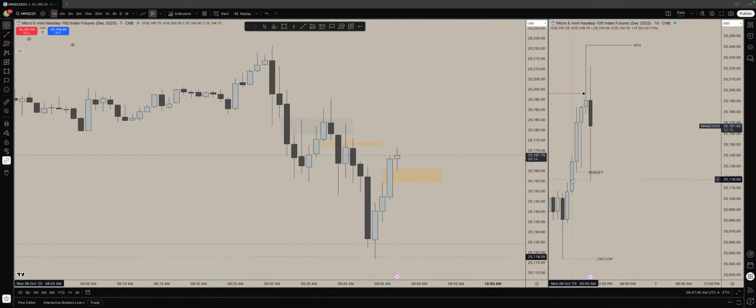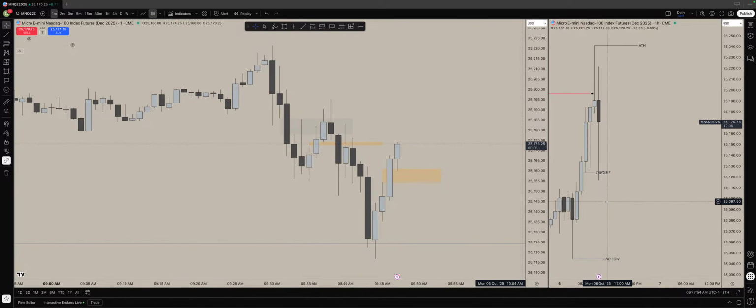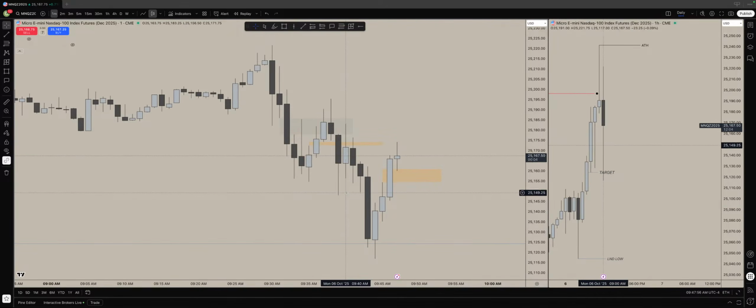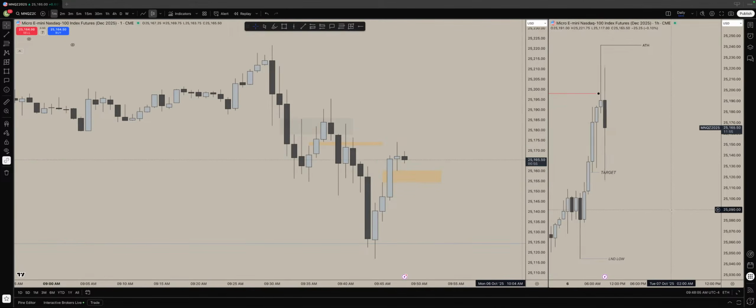Well, no. H1 FEG. We reacted to it. Actually, no. I think we're bullish now. I'll just call it a miss, but yeah, I think it's a good opportunity for longs here now.